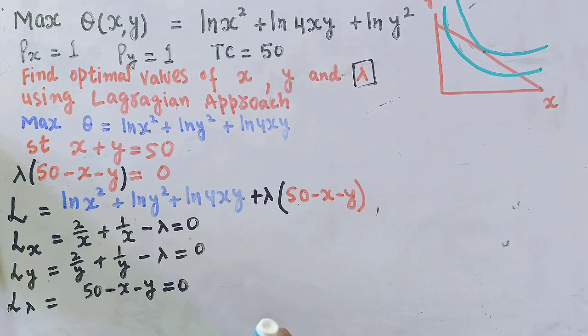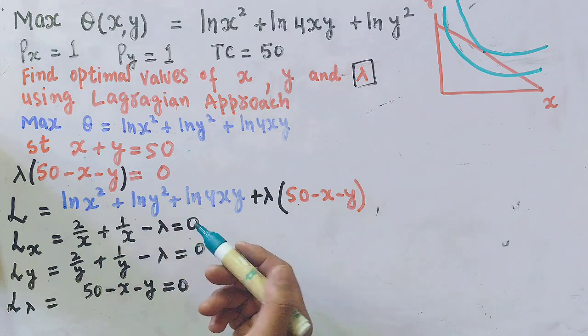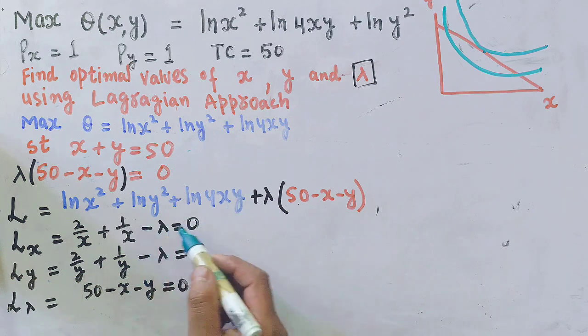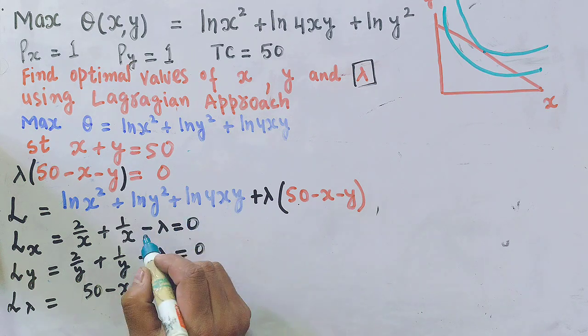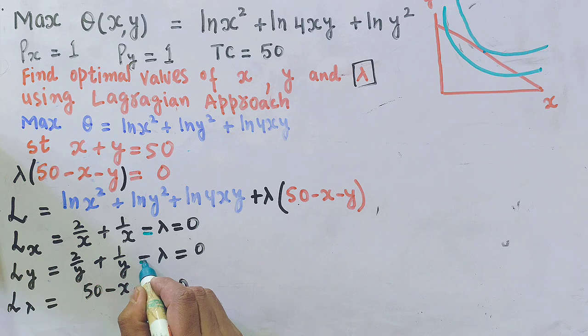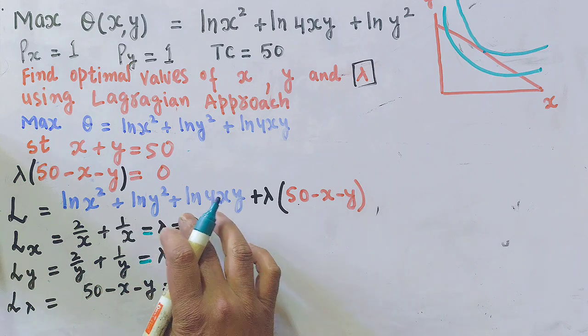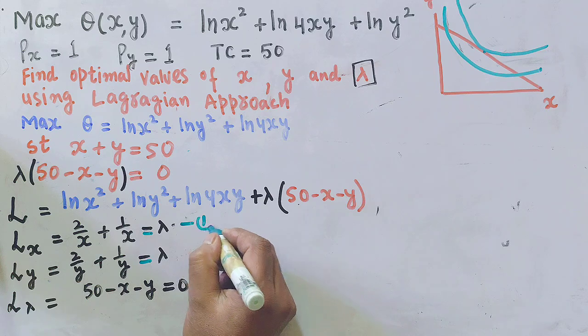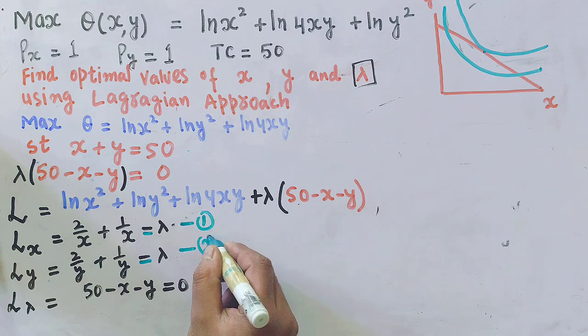Having said that, let me save the space here. If it is equal to 0, can I write it like this? If I transpose it here, it will become plus lambda. So let me use the plus sign here. Let us say this is equation first, this is equation second, this is equation third.